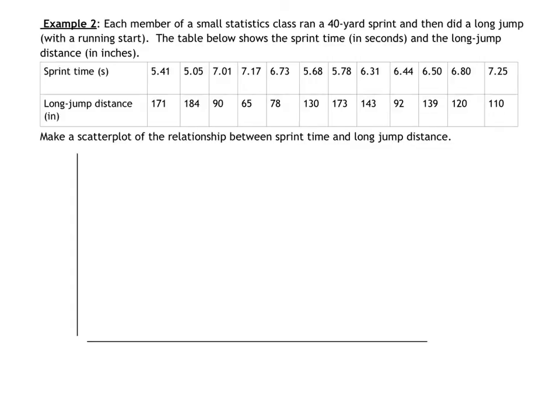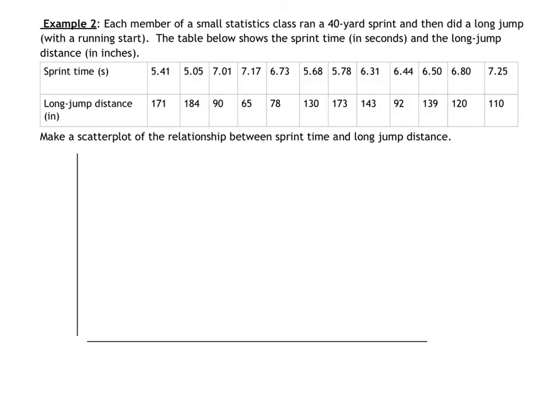We're just looking at the relationship. What that means is that you could put anything that you want to on the x-axis or the y-axis. So you can do sprint time on the x, you can do sprint time on y. It doesn't really matter in this case. Sometimes it will matter, but here there's no clear thing that is predicting the other, so we're just going to put them wherever we feel like, luckily.